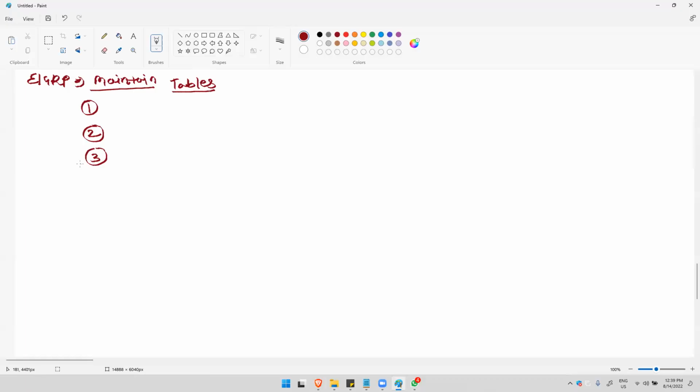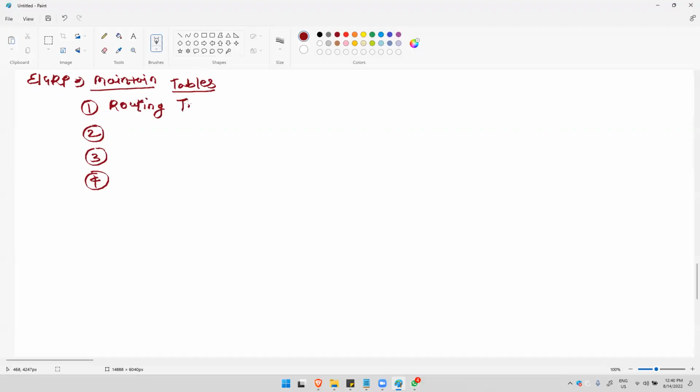I think you already learned EIGRP. How many tables in EIGRP? Any idea? EIGRP maintains 4 tables. In a book, you are getting only 3 tables. Clear?